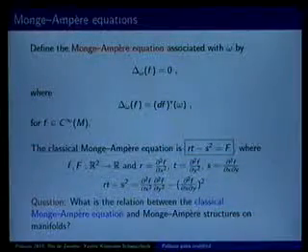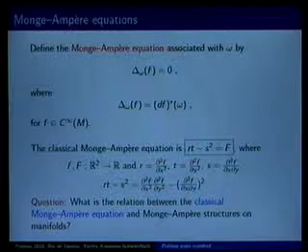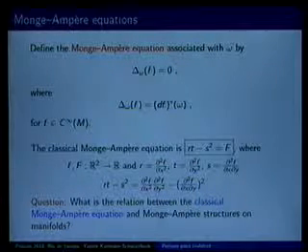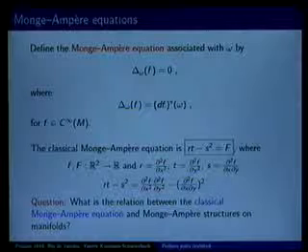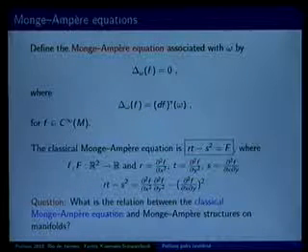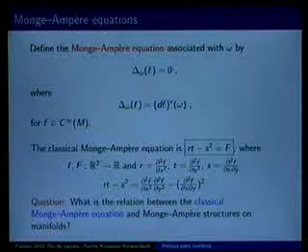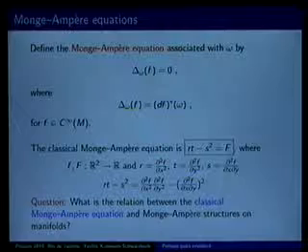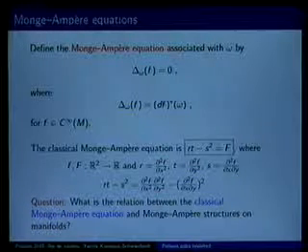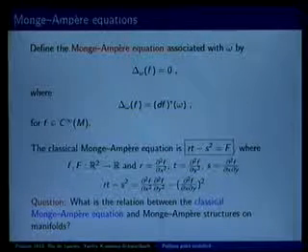Once we have a Monge-Ampère structure, we have a Monge-Ampère operator defined by this formula. It's an operator on functions on the base manifold, and the Monge-Ampère equation is delta omega of f equals 0, where delta omega of f is defined by this equation.